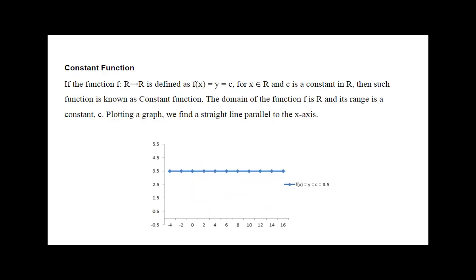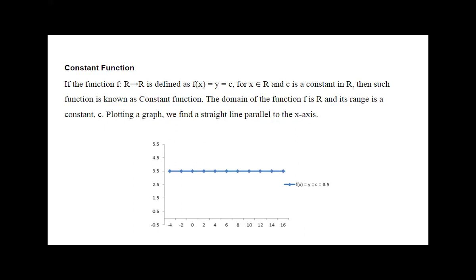Getting it? We can see in the graph, if there is an x axis and y axis. On the x axis, the values of x are defined, and on the y axis, f of x is defined. Okay, whatever the values are for x, those are plotted in the graph.